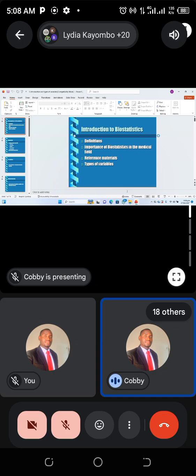Then we look at the types of variables, which are the characteristics being measured on the subjects in the study or the patients in the study. What characteristics are we interested in? What are we interested to measure in these patients? That's what we are going to discuss today.